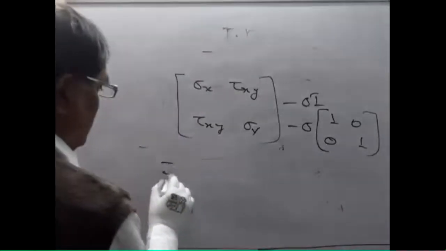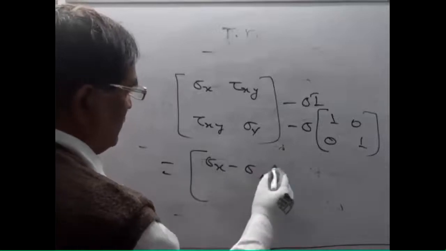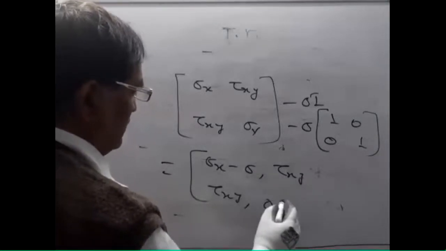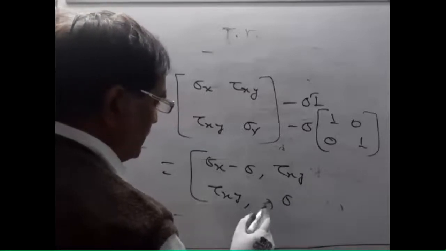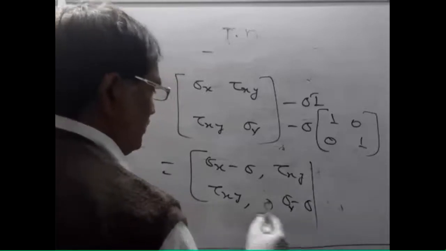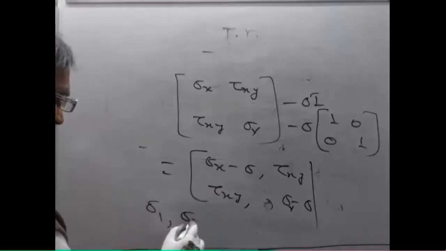Okay, so it will be converted into this form: sigma x minus sigma, tau xy, and sigma y minus sigma. Okay, so take the determinant of that. That will give you the values of sigma 1 and sigma 2.